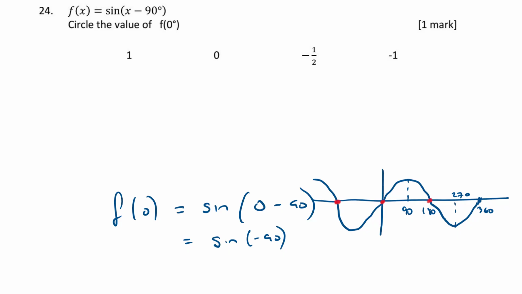So that number there is minus 180. And then halfway in between is going to be minus 90, isn't it? Which is the lowest point on this sine curve. Now, sine oscillates between 1 and minus 1. So I can see that the sine of negative 90 is going to be minus 1. So I'm going to go for that one there.